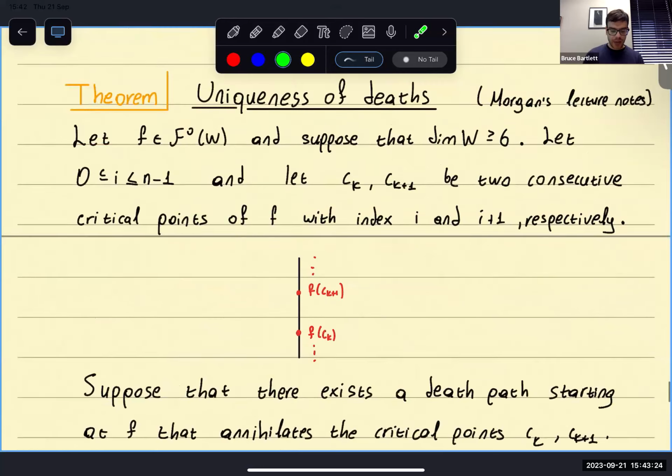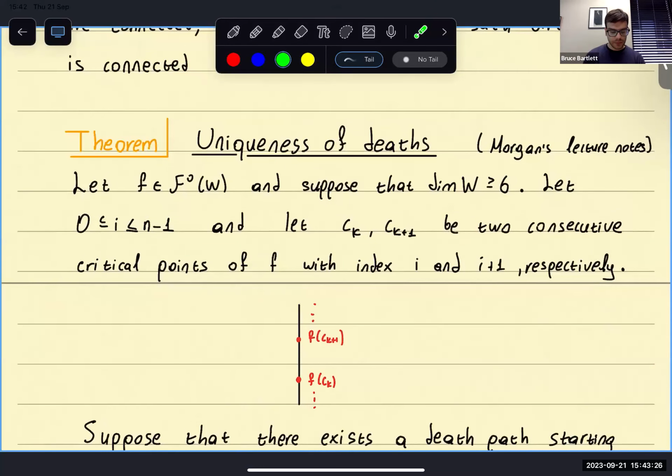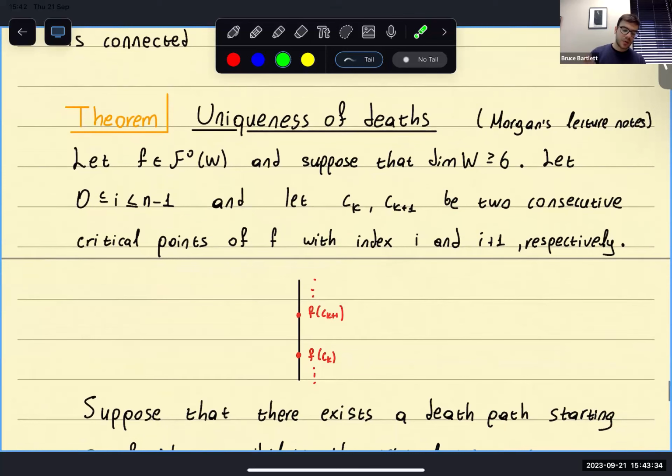And then the uniqueness of deaths. If I give you again an excellent Morse function, but now I'm putting some restrictions, so I only consider manifolds W whose dimension is greater than or equal to 6.